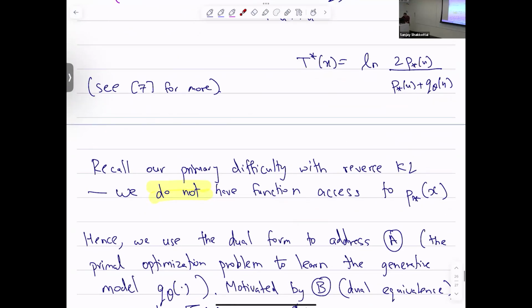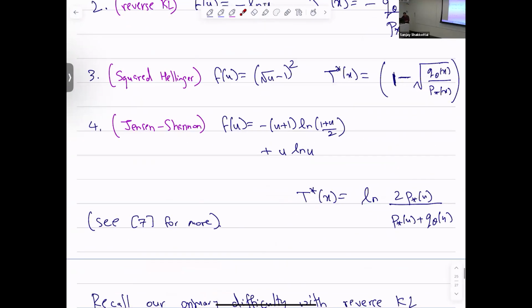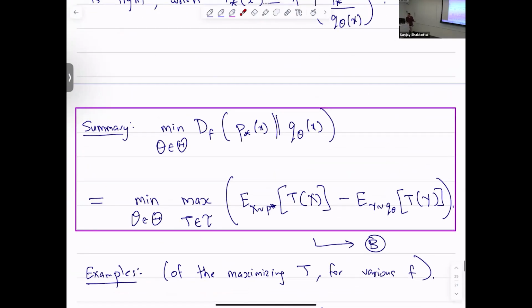Okay, so what we have here is we have said minimizing the f divergence can be written as this min-max problem. Are you fine so far with writing it this way? But look at this problem now. We don't need to know p star anymore.